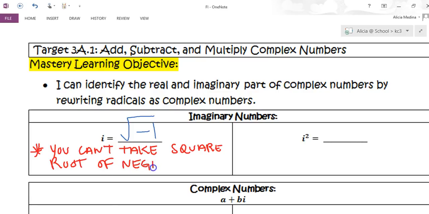So when we see, for example, the square root of -1, we cannot take the square root of a negative, so that is why we replace it with that imaginary part, that little i.